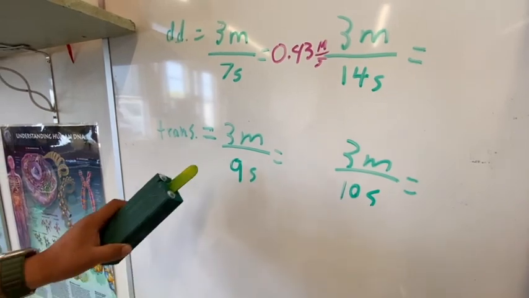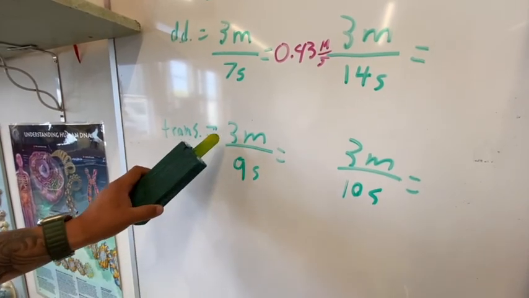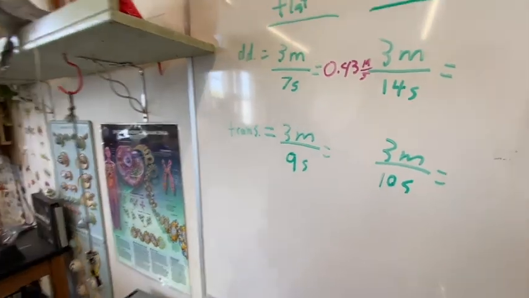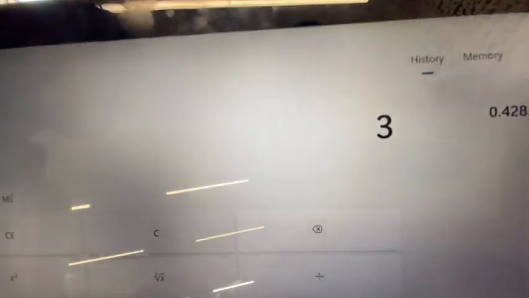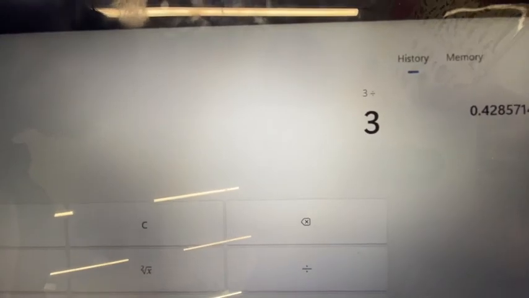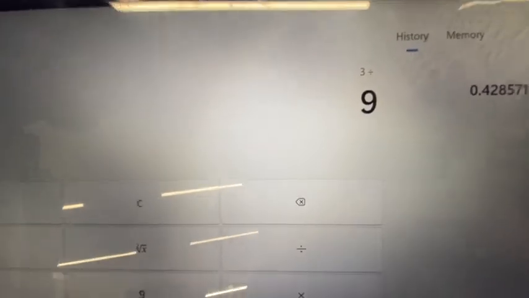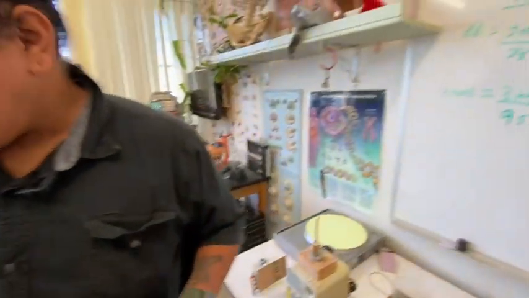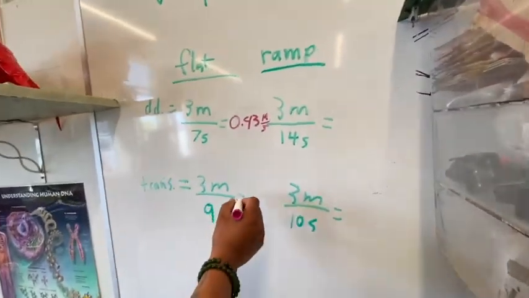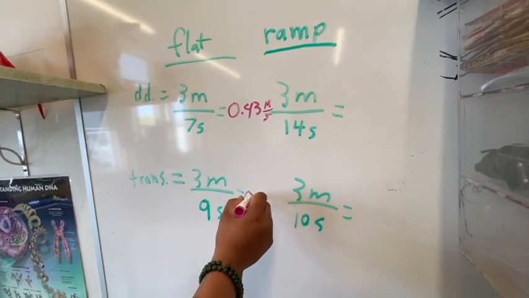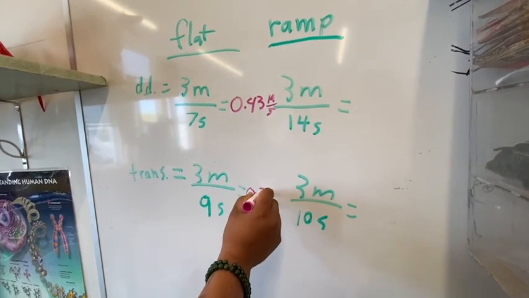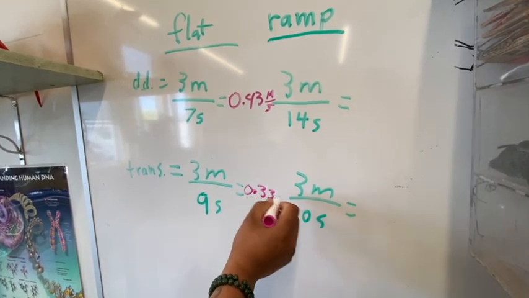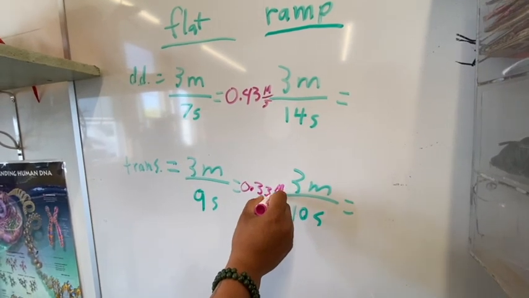So now let's calculate the transmission. It took 9 seconds for it to reach the finish line of 3 meters. And let's do 3 divided by 9. All right, so we're gonna put that number here. So 0.33 meters per second.